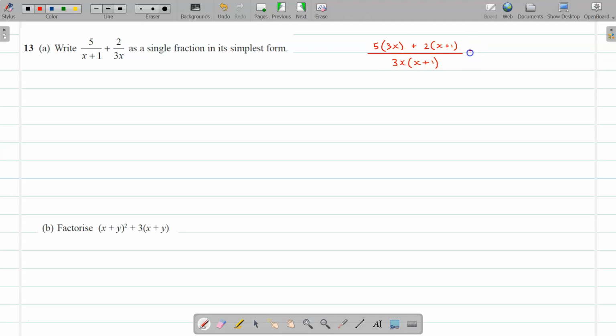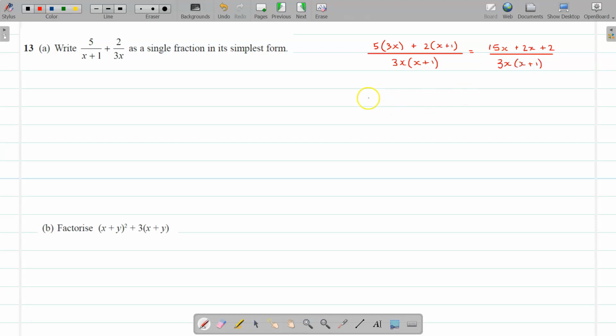And then I just need to tidy all that up. Well, it's 15x plus 2x plus 1, sorry, plus 2, because I've got to multiply the 2 by each term in there. Underneath it's the same. Okay, you can multiply out the brackets. Tend to do that at the end because it might factorize, you see, beforehand. So keep it like that for the moment.